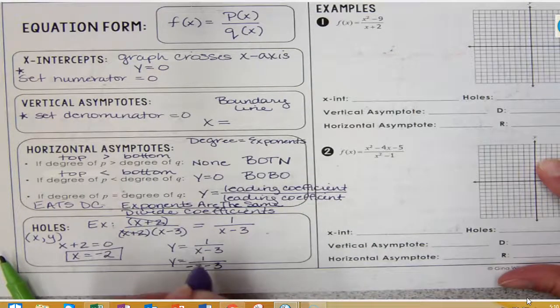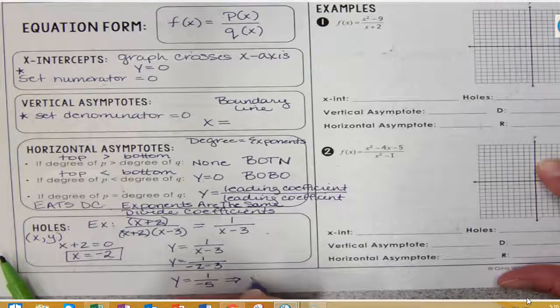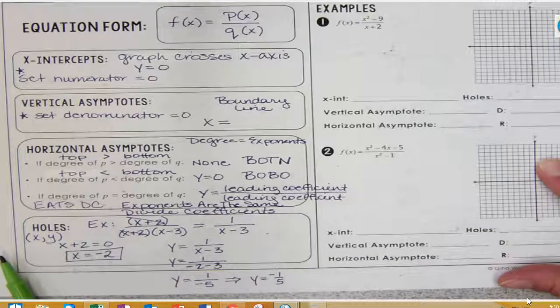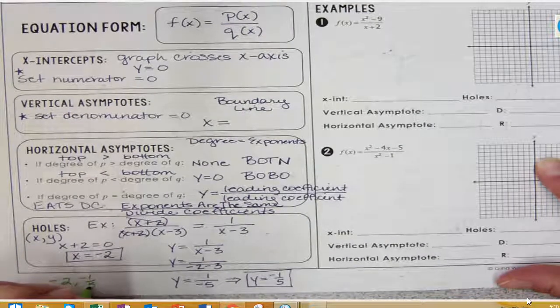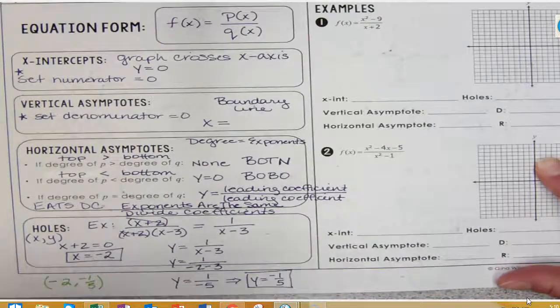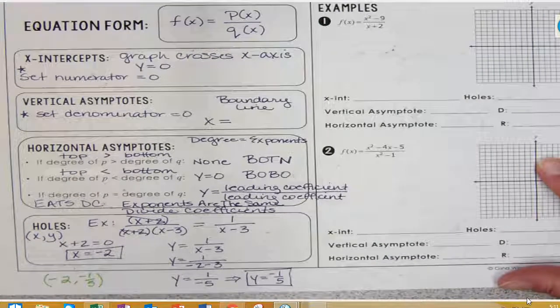So my y coordinate in this situation would be y equals 1 over negative 5, or basically y equals negative 1/5. So my coordinate point of that hole is going to be negative 2, negative 1/5. And we'll go over that more on our problems.